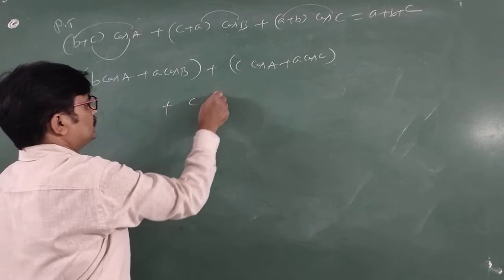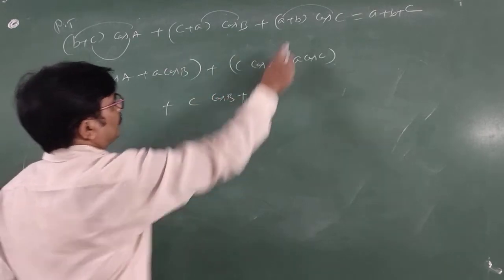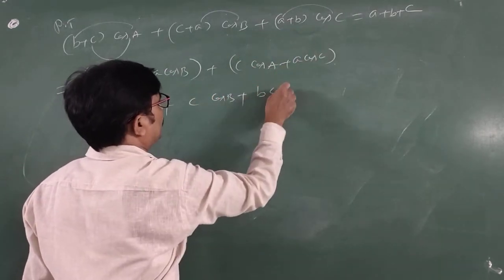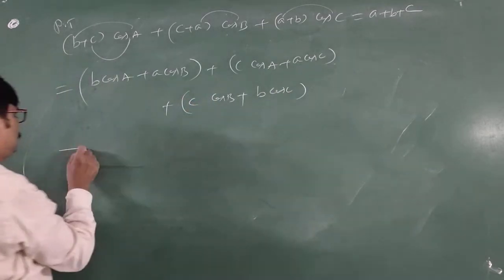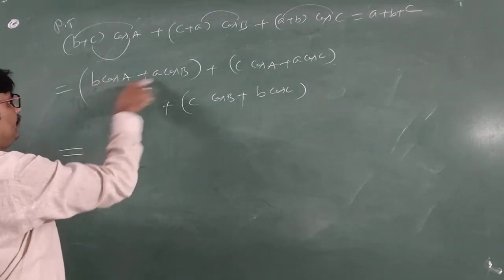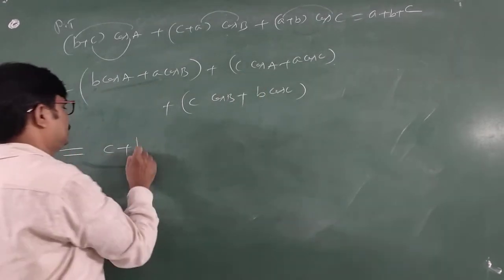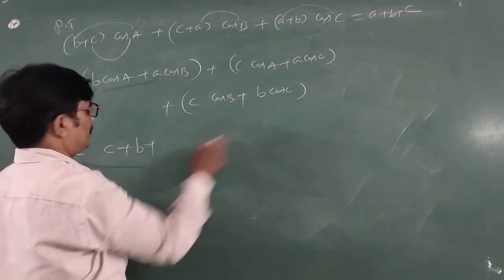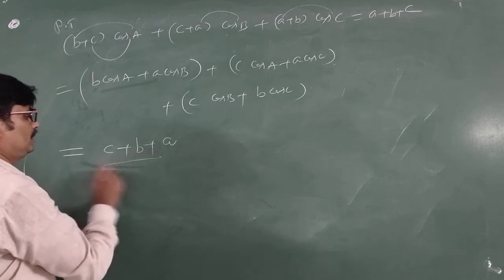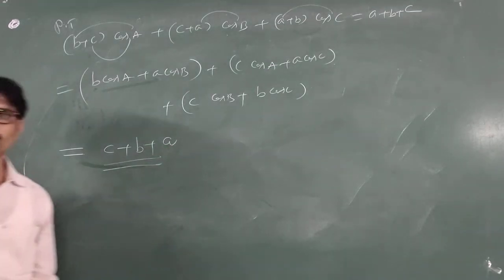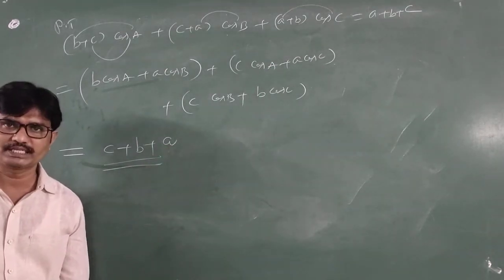This is c cos B plus b cos C. In the form ab are there, this is c. Here ca are there, this is b. Here cb are there, this is a. So students, from the projection rules, this is a plus b plus c.